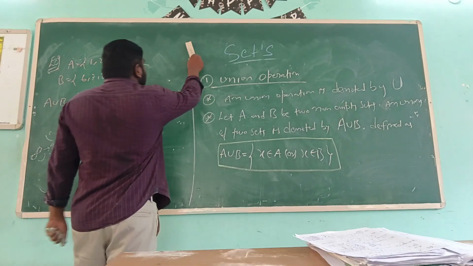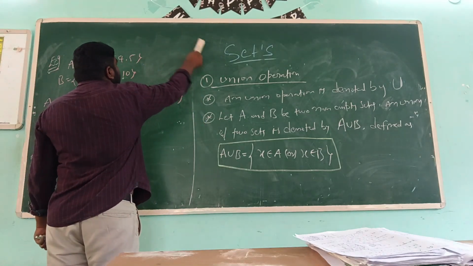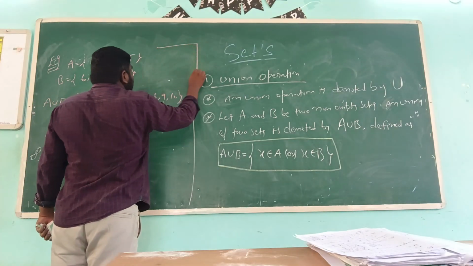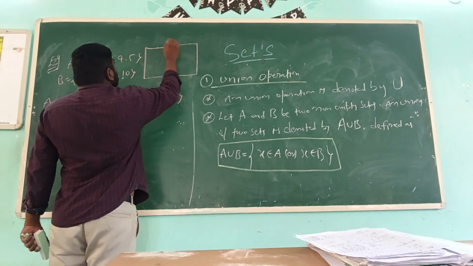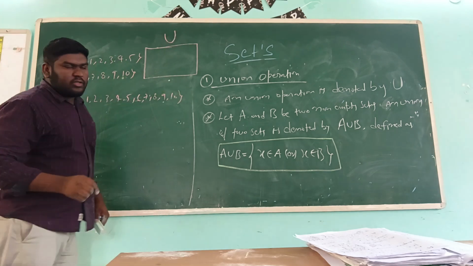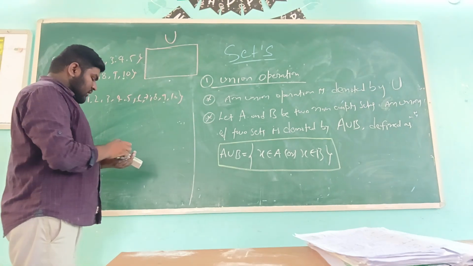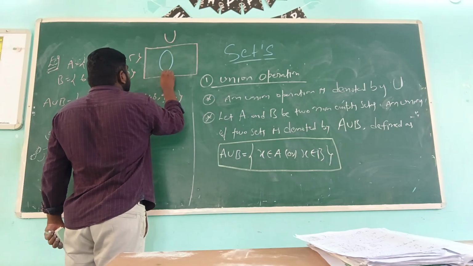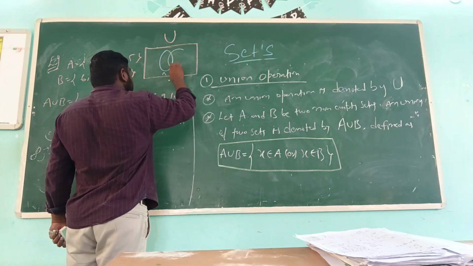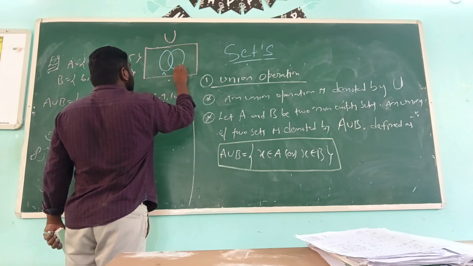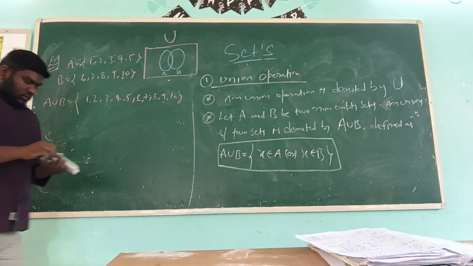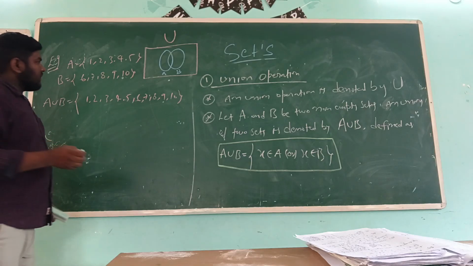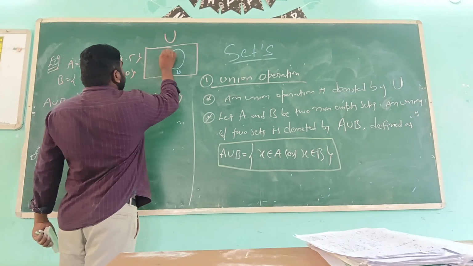Diagrammatically, the Venn diagram of the union operator is like this. This is called the universal set. Previously we discussed it. Now this is called A, and this is called B. Now A union B means all the elements.